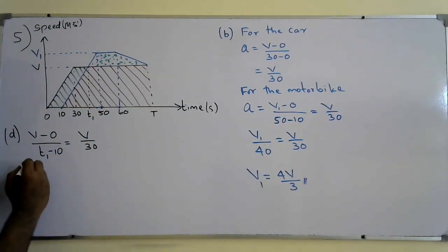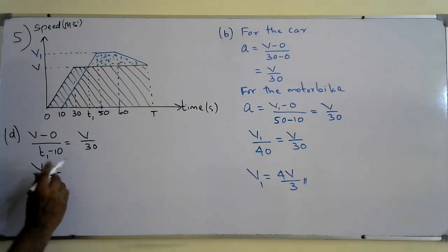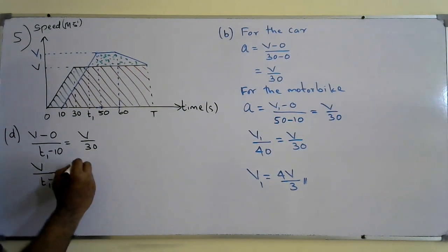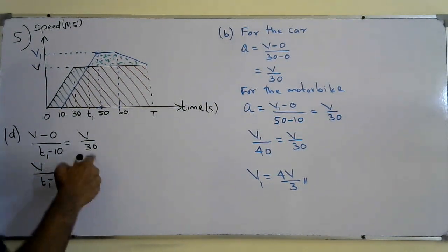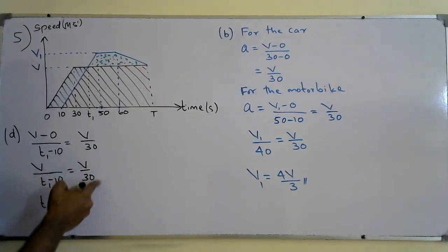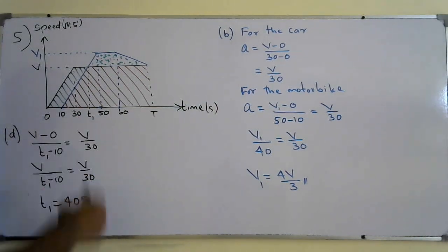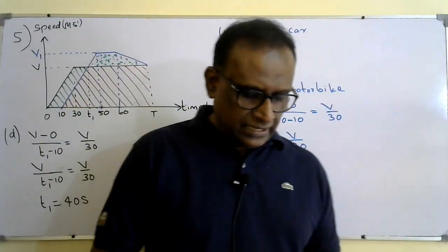So v over t1 minus 10 equals v over 30. The v's get cancelled. Cross multiply and solve it, t1 is equal to 40 seconds. So this value is 40 seconds.